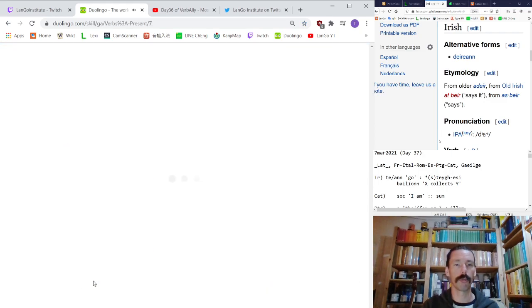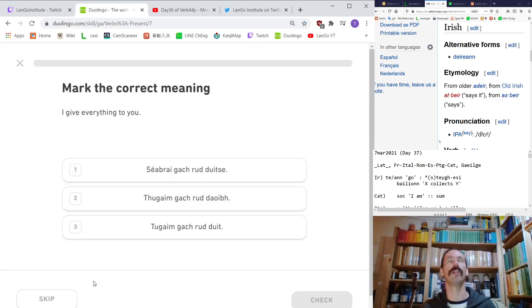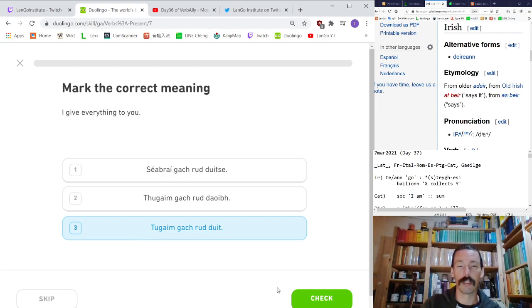Let's go ahead and finish this one up. I give everything to you. Give, but everything gachrud. And then to you, maybe with you, liat or chogat. Togum gachrud. I don't know how this would sound. Togum, I think it's this one.